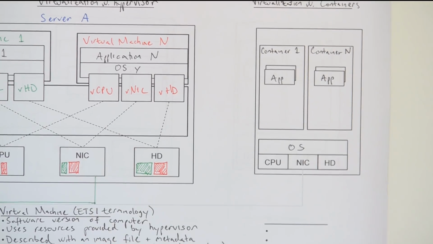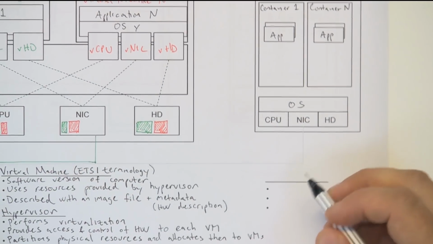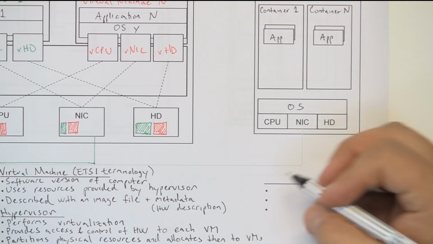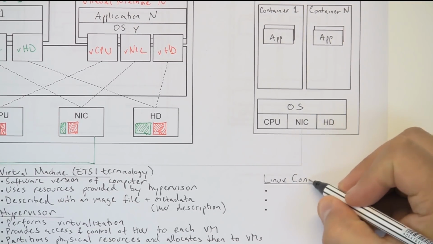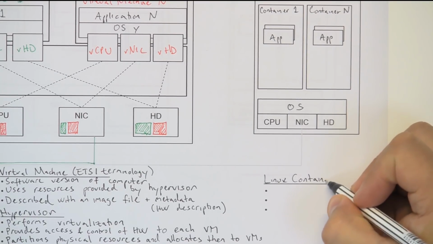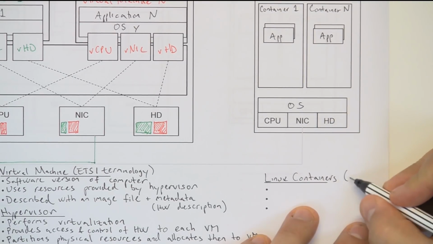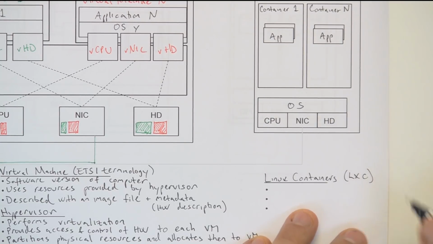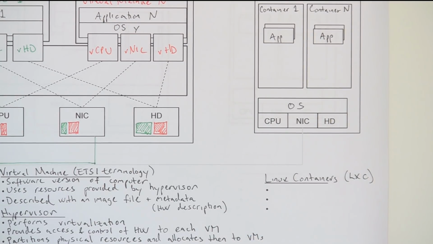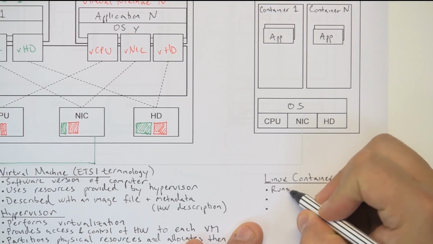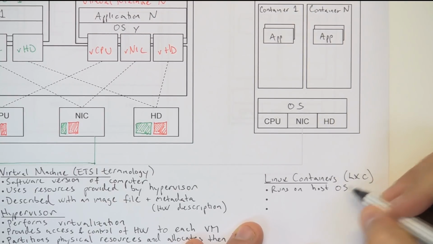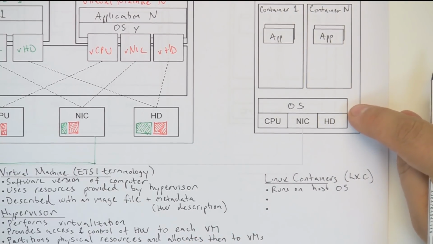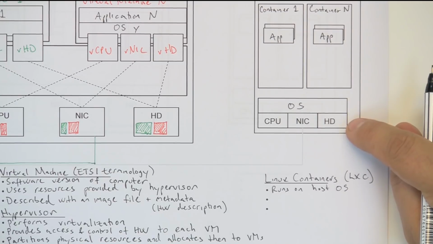If we want to remind ourselves a little bit about what this was, this is Linux containers, LXC. It runs on host OS, meaning the operating system that really is installed on the real physical hardware.